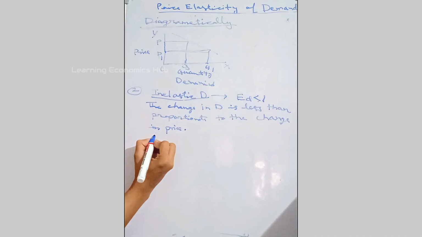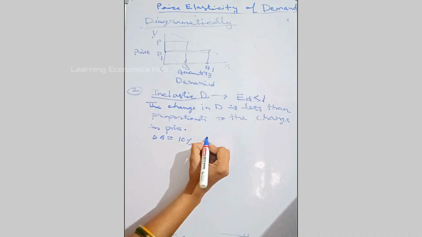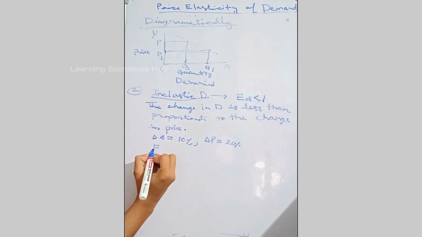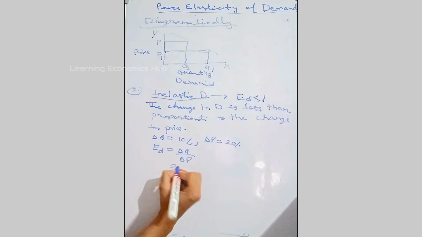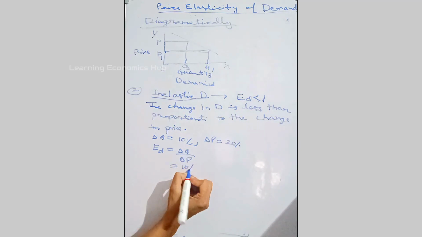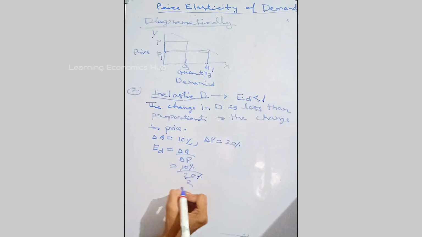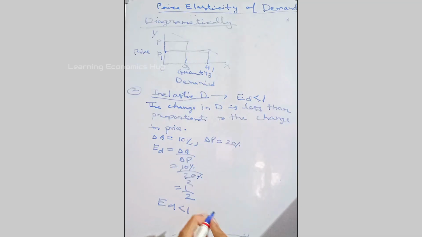For example, if change in demand is 10% and change in price is 20%, then price elasticity of demand is equal to del Q upon del P, which is 10% upon 20%, that is 1 by 2. It means ED is less than 1.